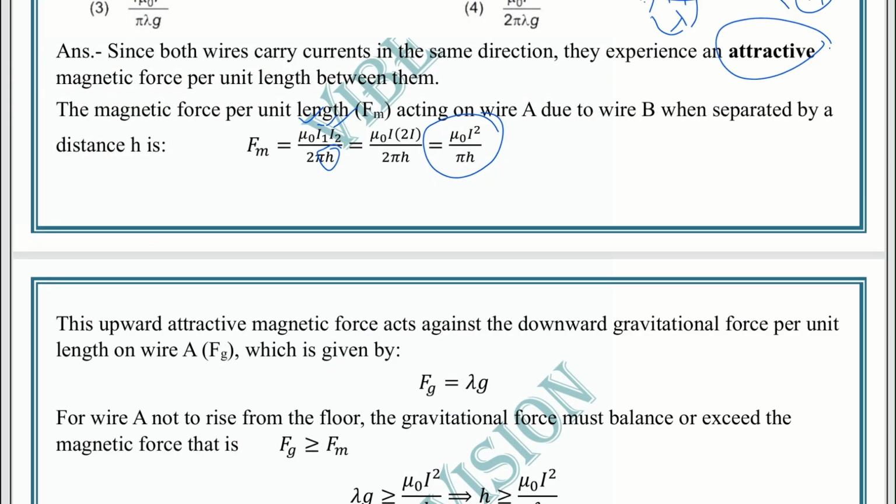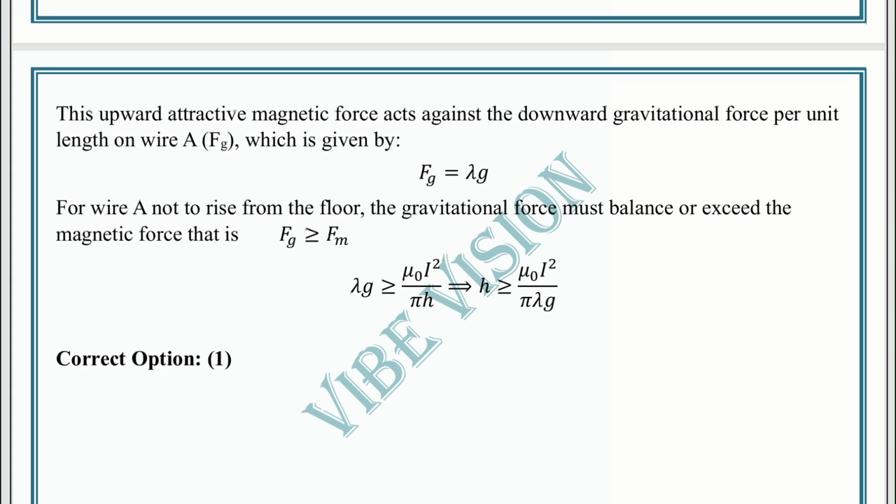Now we have to find the weight of wire A per unit length. This upward attractive magnetic force acts against the downward gravitational force per unit length on wire A, that is Fg, which is given by Fg equal to how much? That means mg, but mass per unit length is lambda and the gravitational acceleration is g, so the gravitational force is lambda g.